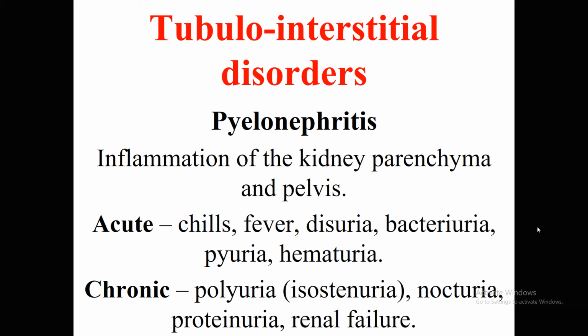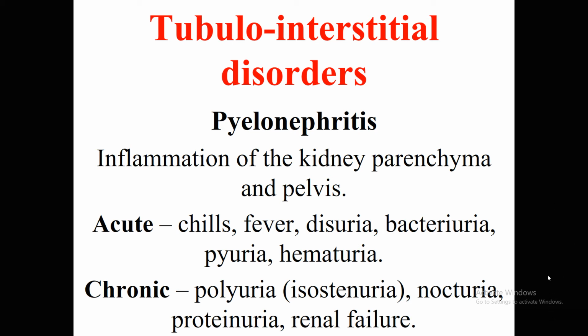The acute pyelonephritis manifests an abrupt onset with chills, fever, headache, back pain, tenderness over the costovertebral angle, general malaise, and symptoms of bladder irritation such as dysuria, frequency, urgency, pyuria, and hematuria, sometimes causing necrotizing papillitis.